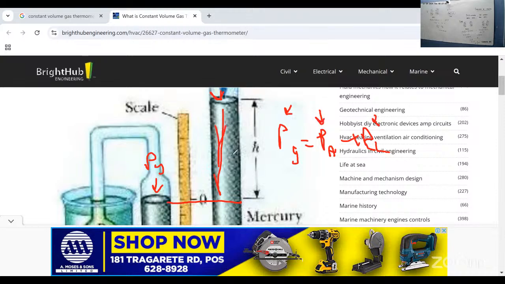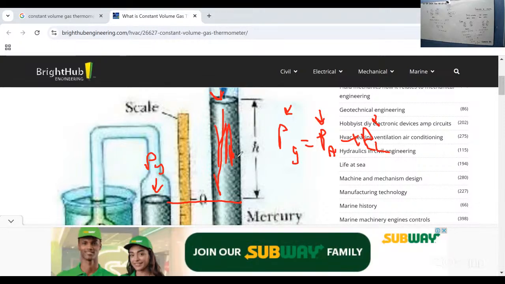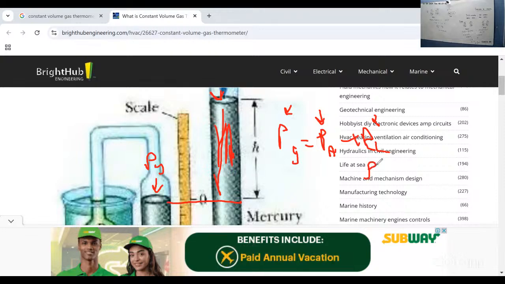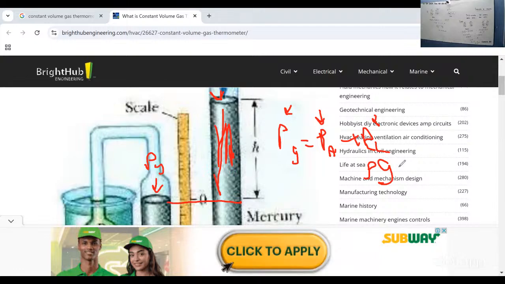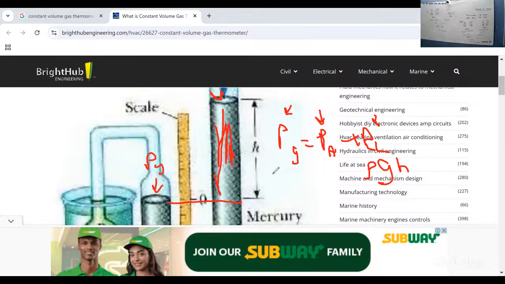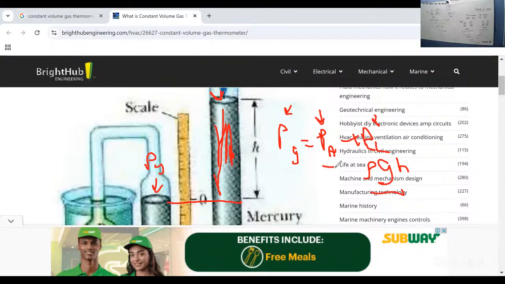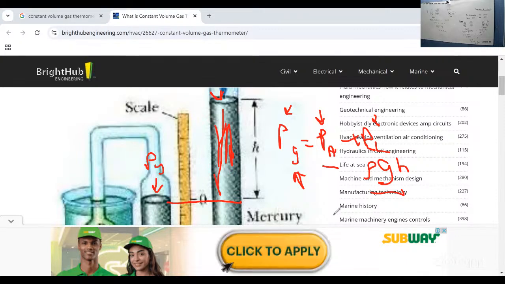Anybody remember how to find that? The density of the liquid, most likely mercury, times gravity times that height. When you multiply this and add it to this, you get the pressure of the gas. And then we use the empirical formula and find the temperature.